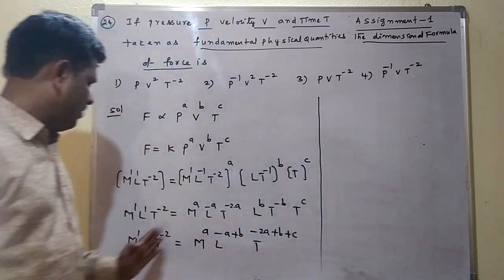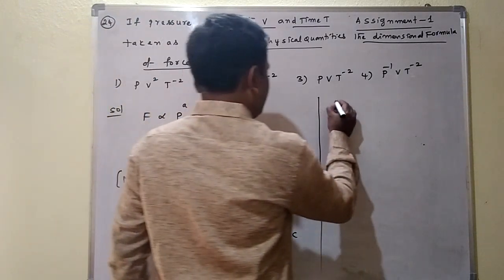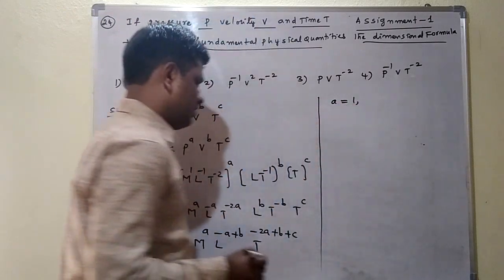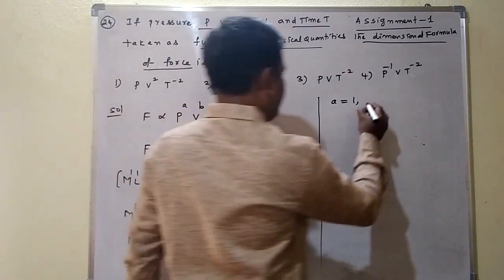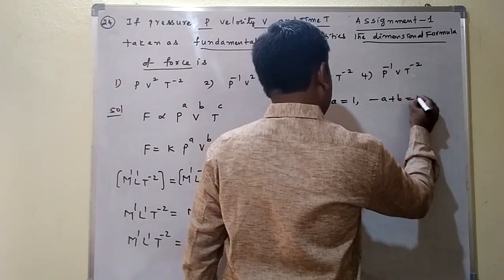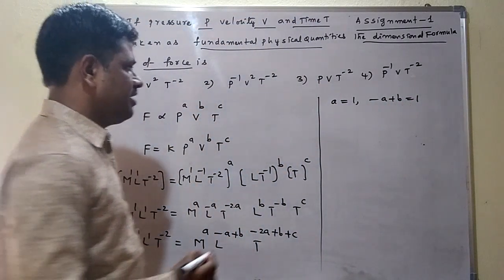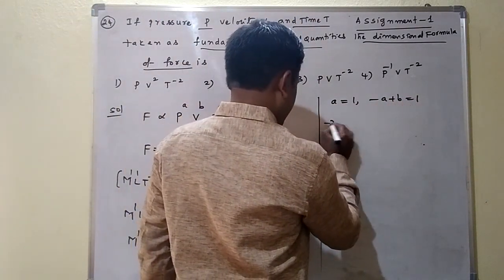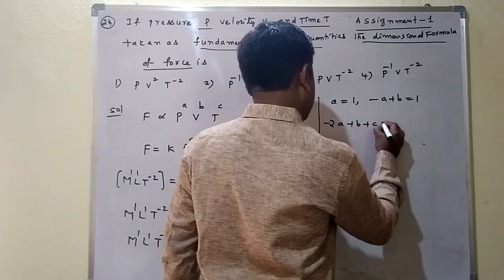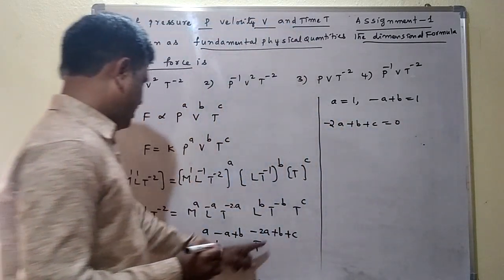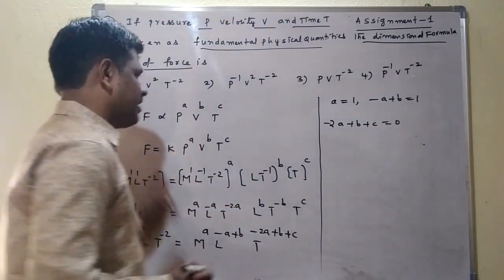Comparing, A equals 1 directly, minus A plus B equals 1, and another equation is minus 2A minus B plus C equals minus 2.